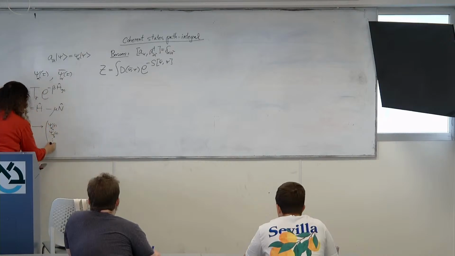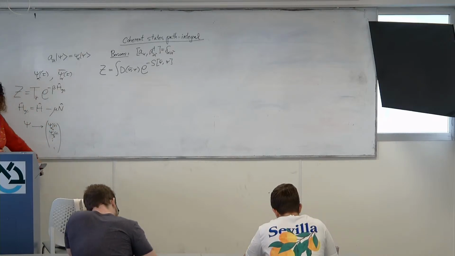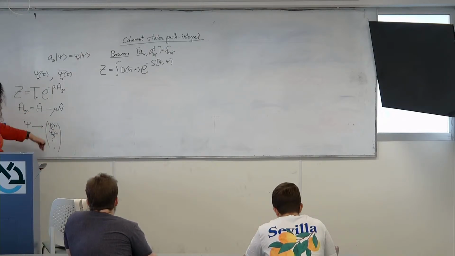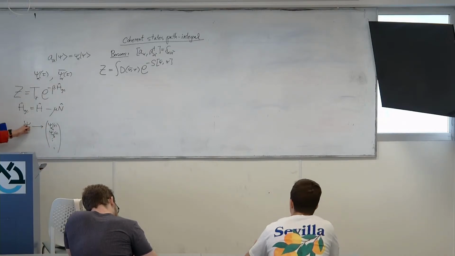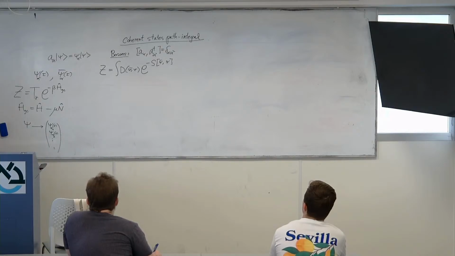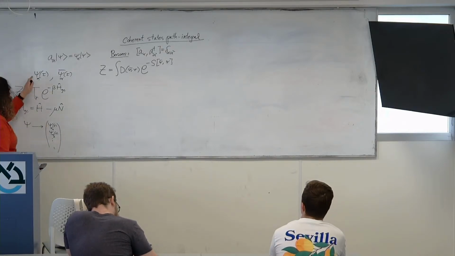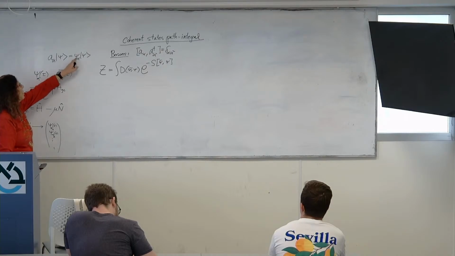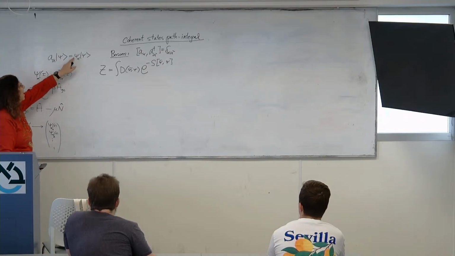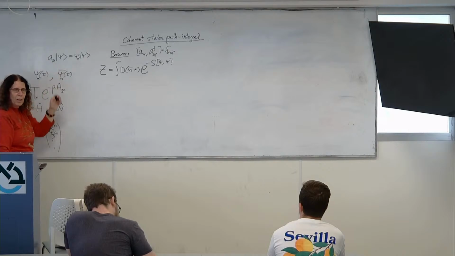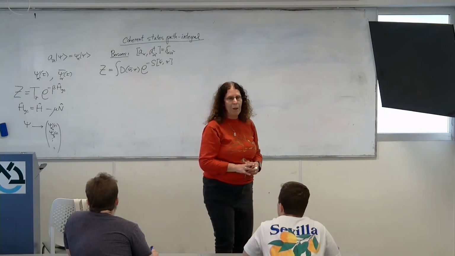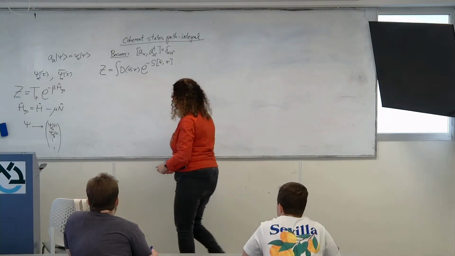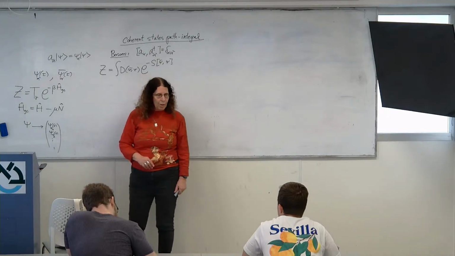Alpha is an index. It can be an infinite array or a very long array of states, but it's actually an array. Psi are again these coherent states, the eigenstates of the annihilation operator, but they are just complex numbers that are functions of tau and of alpha.